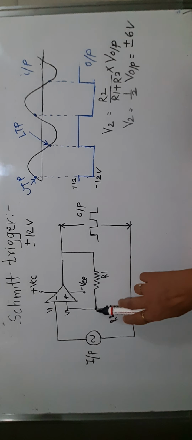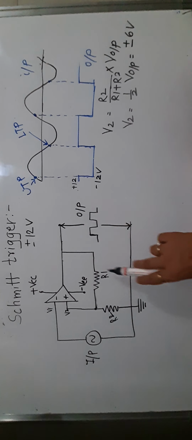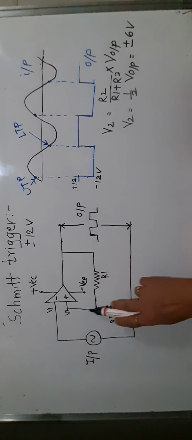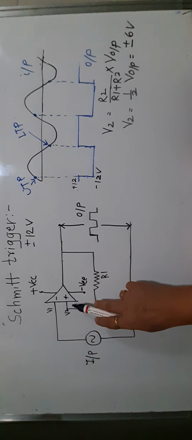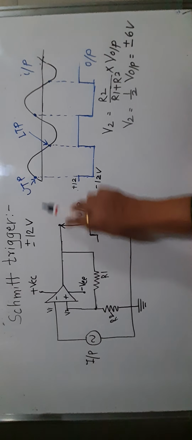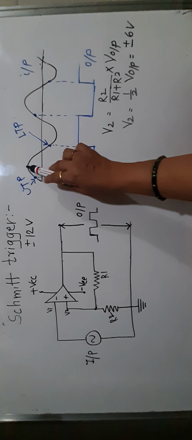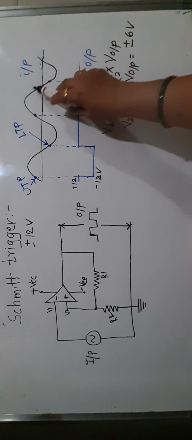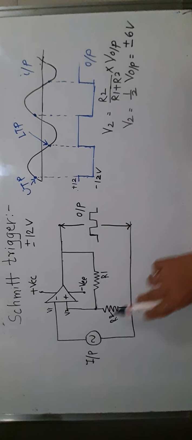We get half the voltage here. The output is plus minus 12 volt, so here we get half of it. This voltage will continuously change between plus 6 volt and minus 6 volt, and the input voltage will change from 0 to plus, then 0, then minus, again 0, plus, minus. So we are going to compare these voltages.